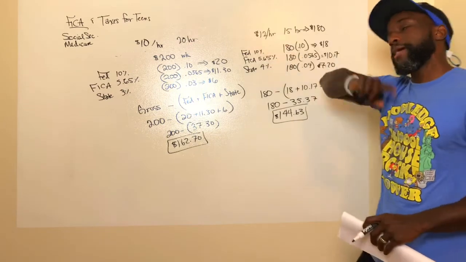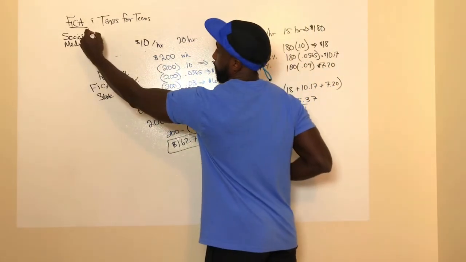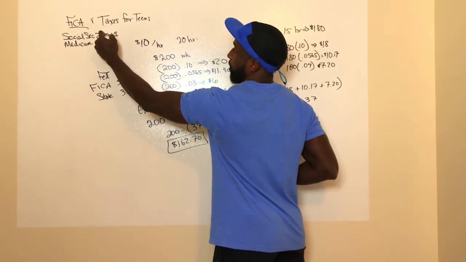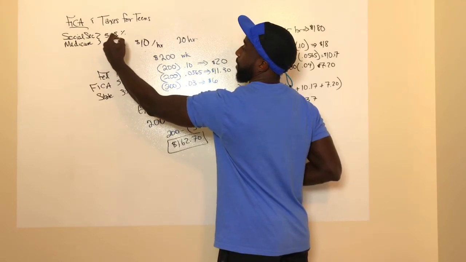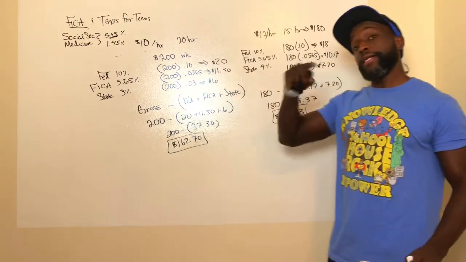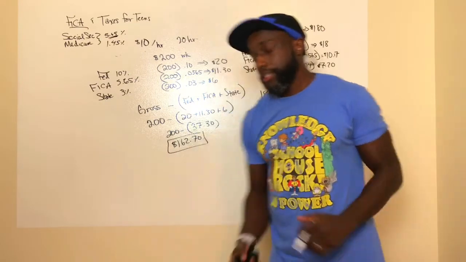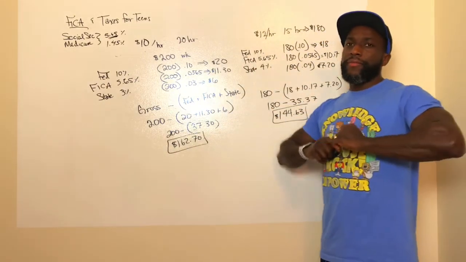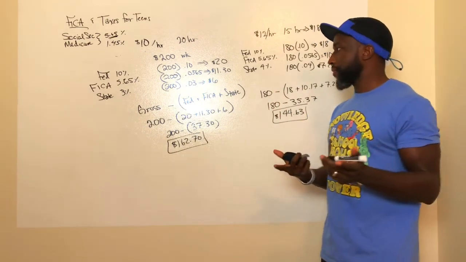So FICA has a cutoff, right? It's your Social Security. Under 110 is 5.65 in this book example, and greater than 110 is 1.45%, and then you gotta do the rest for underneath at 5.65. Okay, so I hope that this makes some more sense as you look at your pay stubs when you get your check from your job.